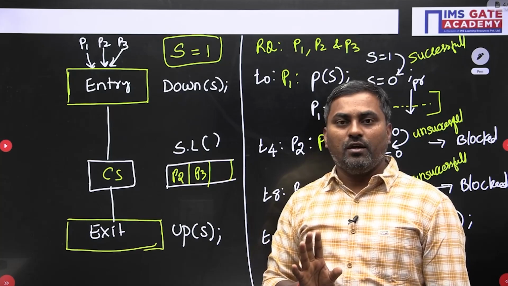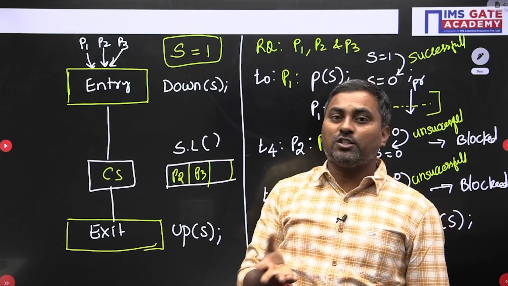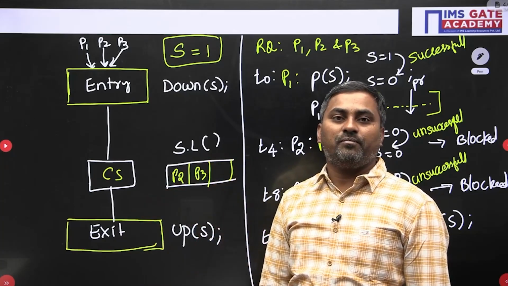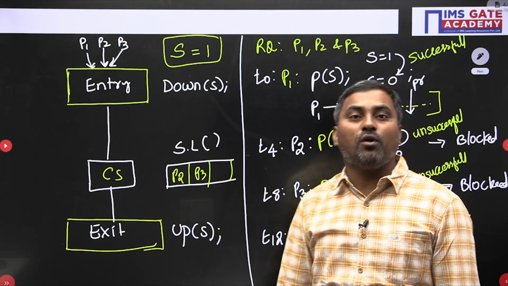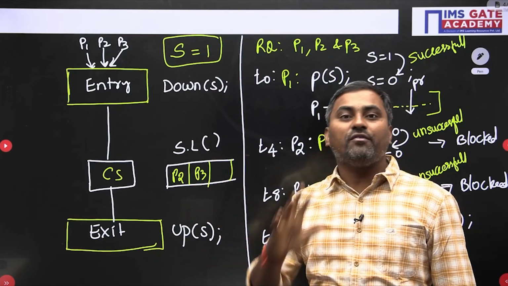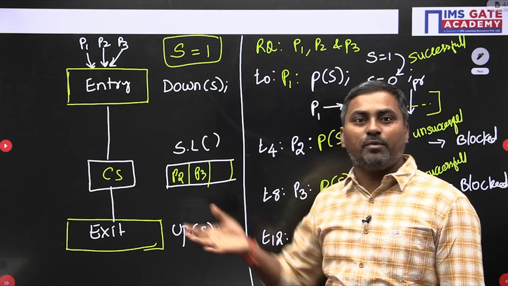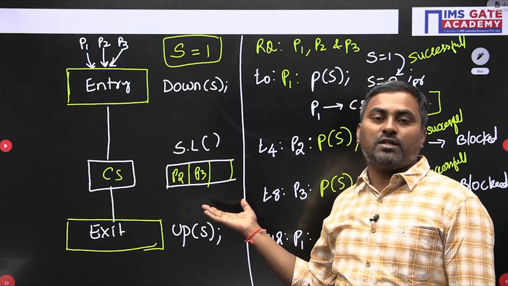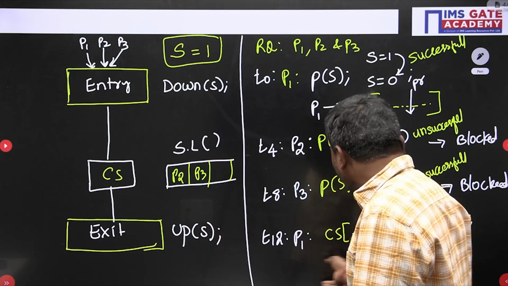If it performs the down operation, S goes from 1 to 0, it is successful, and the process enters the critical section. But there are 2 processes already blocked. So if I allow a new process, the blocked processes are going to starve, because other processes will keep coming and nobody is going to wake them up. So it is not a desirable operation.